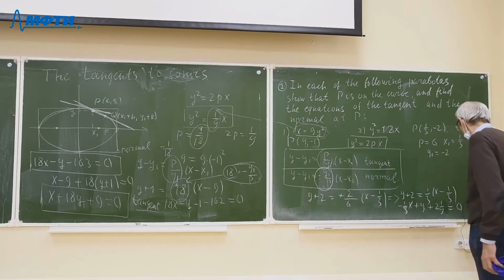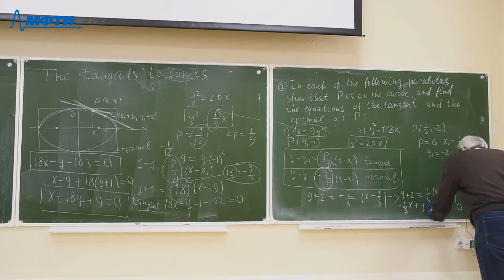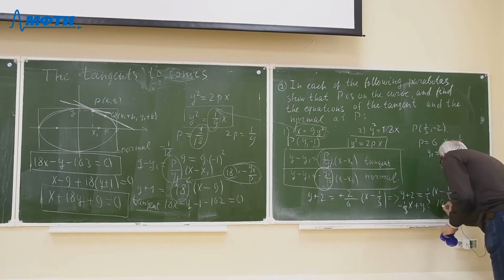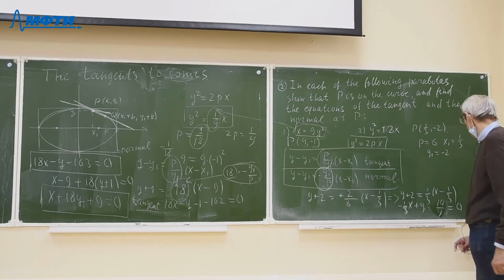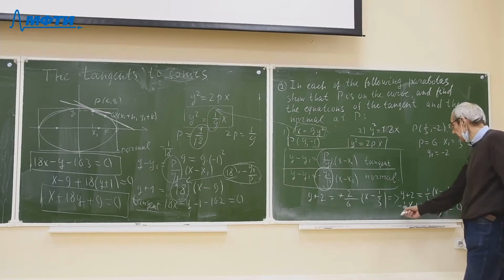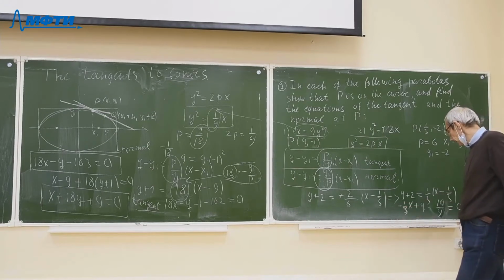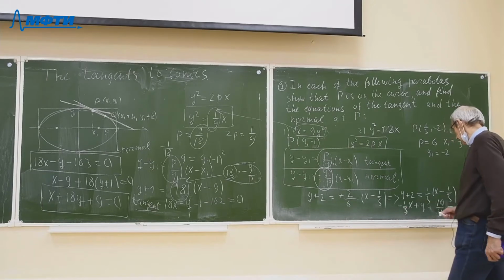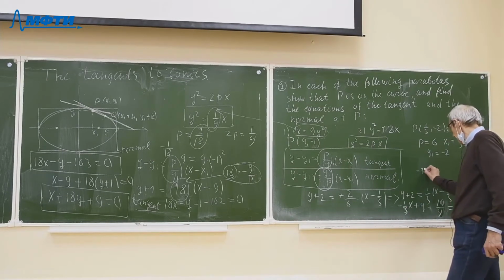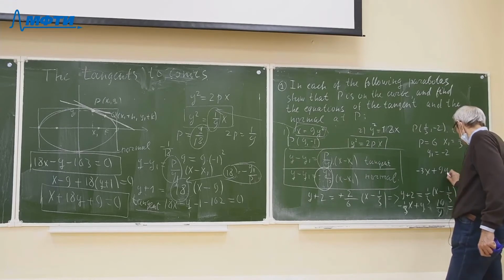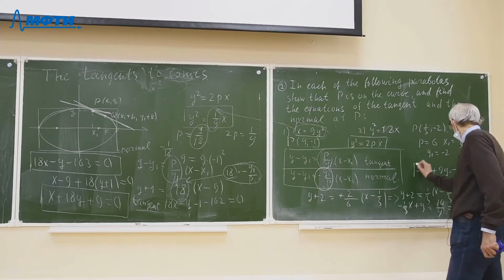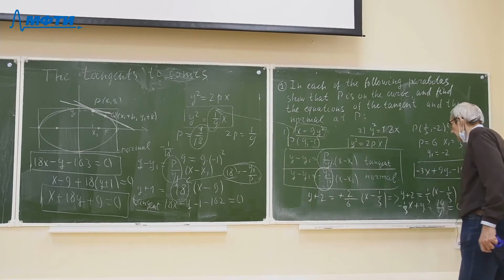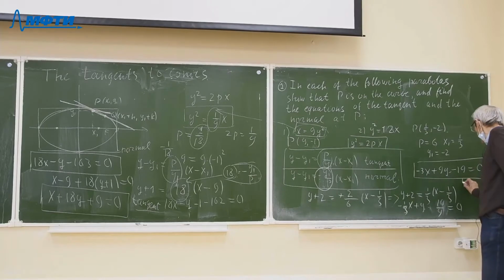We can simplify this equation and rewrite in the following form. Let's multiply on the 9 left side, and we obtain minus 3x plus 9y minus 19 is equal 0. The equation of normal.